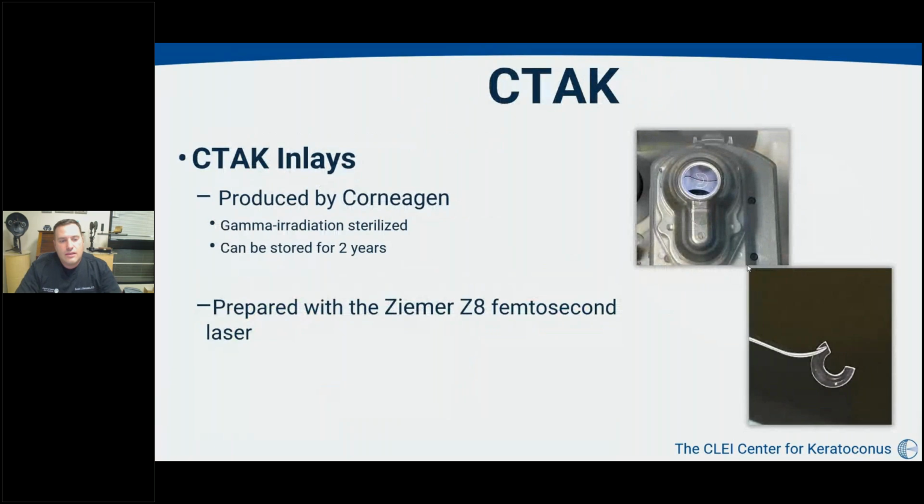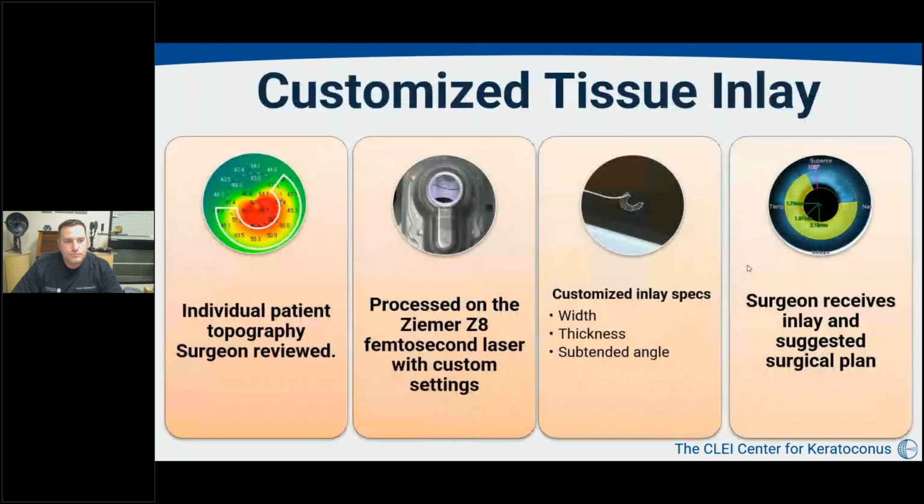So CTAK inlays are really a combination of using an inlay that is gamma irradiated and sterilized, which is produced by CorneaGen. Once the inlay is gamma irradiated, it can be stored for 2 years. It has a shelf life of 2 years. And then we prepare these inlays with a femtosecond laser at the CorneaGen facility using the Z8 laser from Ziemer.